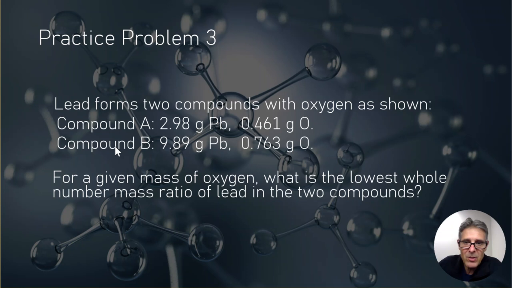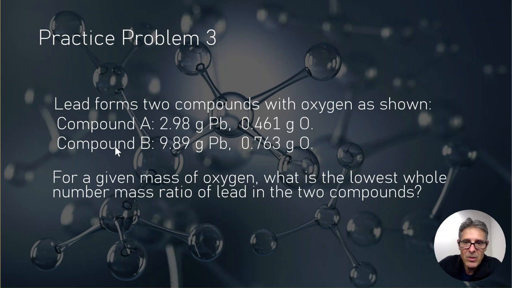All right, now here's our 2 samples of lead oxide: 2.98 grams and 0.461 grams, 9.98 grams and 0.763 grams. We want to get both of these to 1, so we'll take 0.461 and divide it by 0.461, and that'll give us 1, obviously.